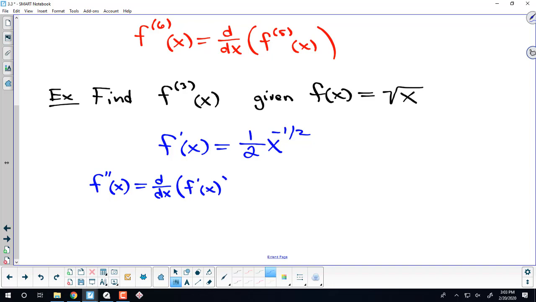So again, you don't necessarily have to write all of this out. But we do need to take the derivative of 1/2 x to the negative 1/2. So what is that derivative?